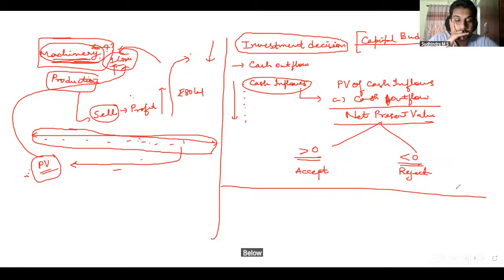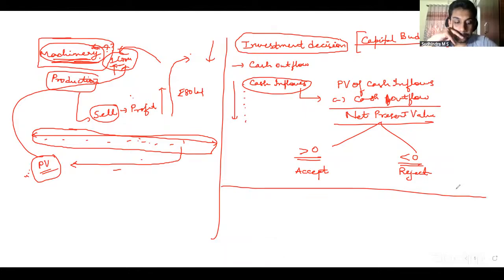Below that, 2 arrow marks. Left hand side, if NPV is greater than 0, accept the project.